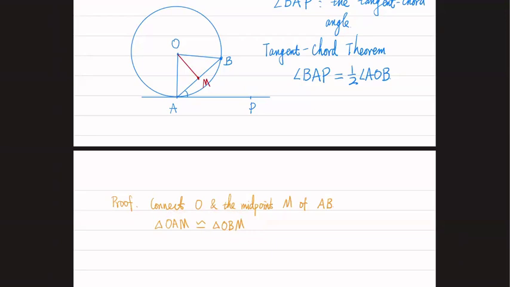Okay, Aaron, we have two. What's the third condition? For the SAS? SSS. Third condition: 1, 2, and 3, which is OA and OB. Why are they the same? Because both are the radius of the circle.